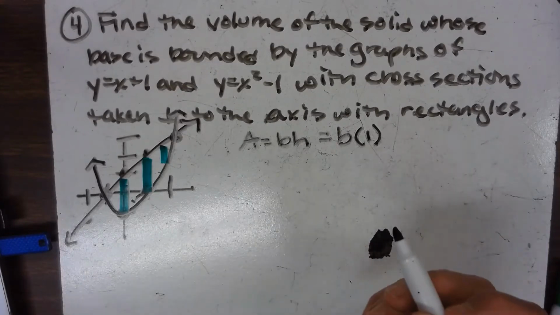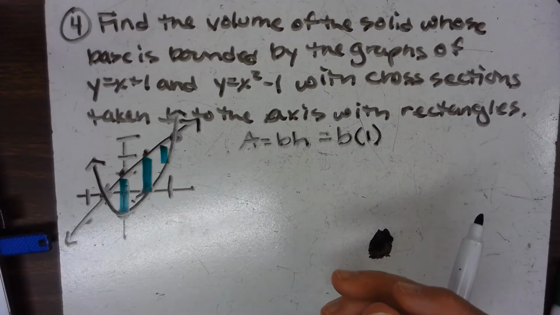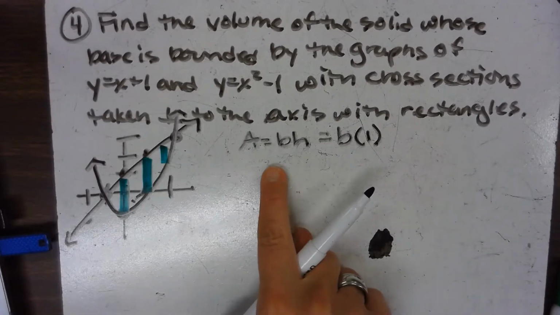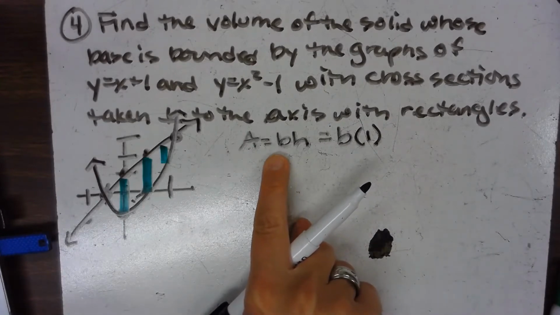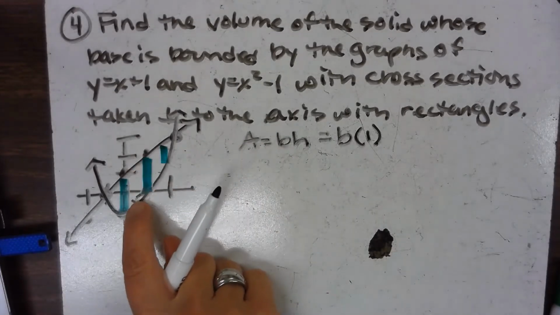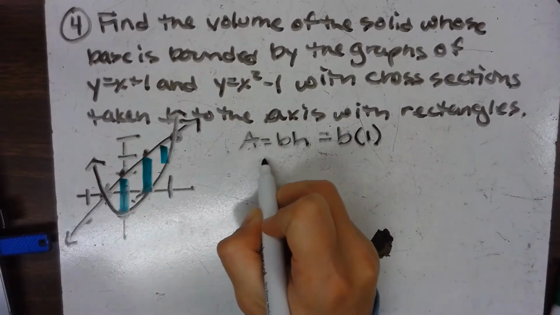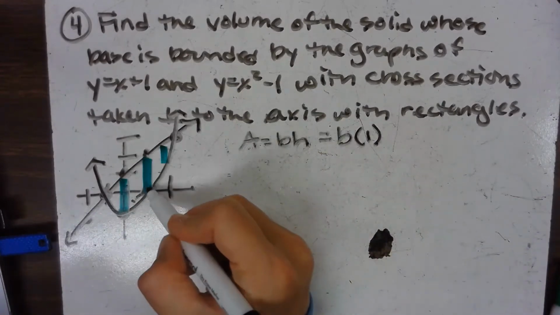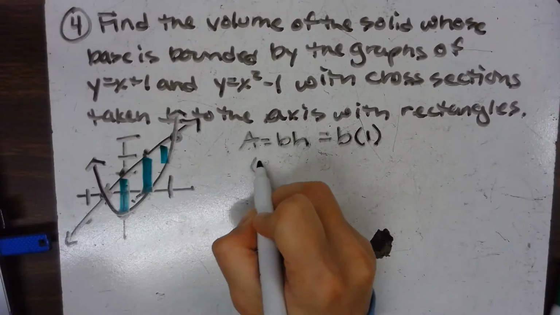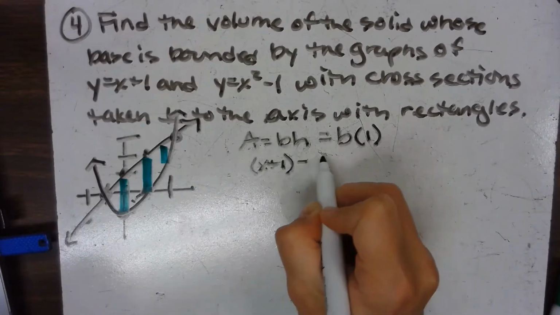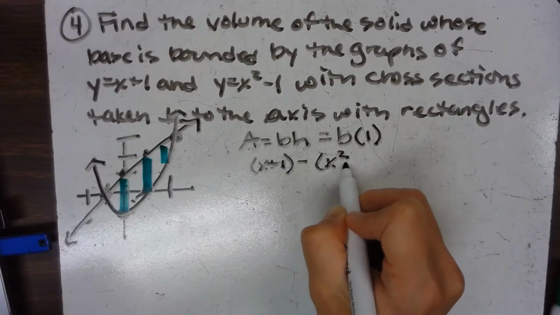And then our base, what is our base going to be? Well, remember, it's the top minus the bottom. So we're going to do x plus 1 minus x squared minus 1.